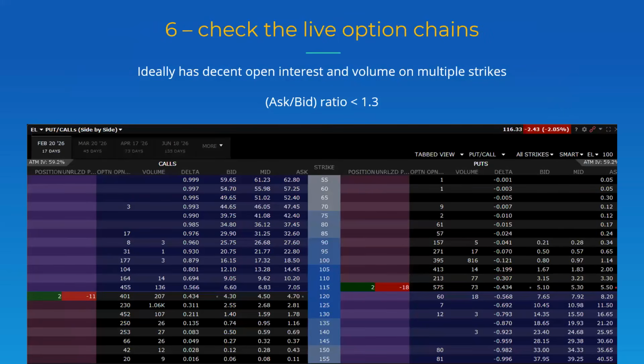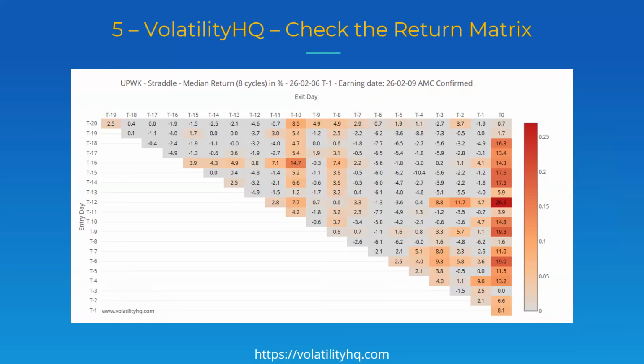Question? Sure. How difficult is it to get the dates into Volatility HQ? This is all done for you. There's nothing that you've got to do manually. All you do is choose the option that gives you this particular matrix, and then all of the data is in there.